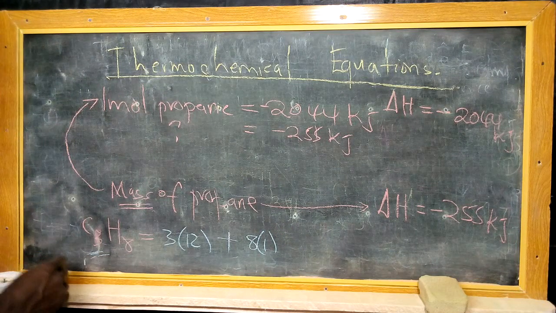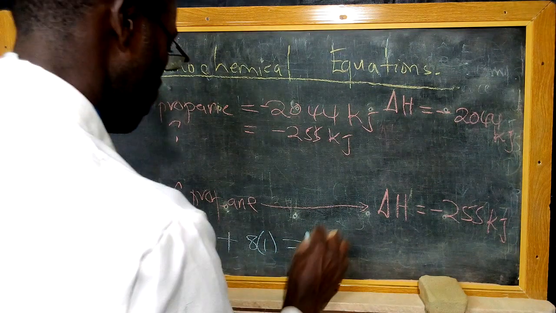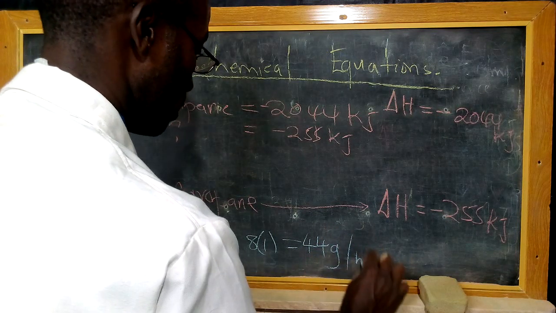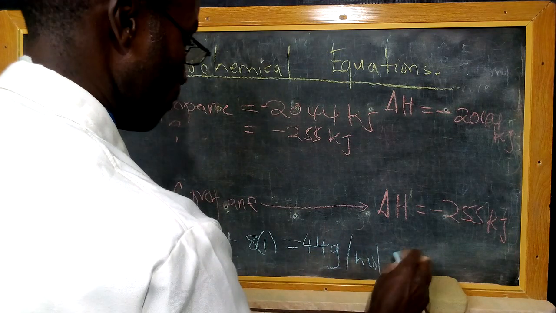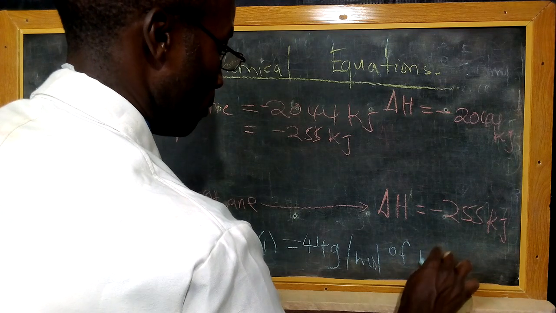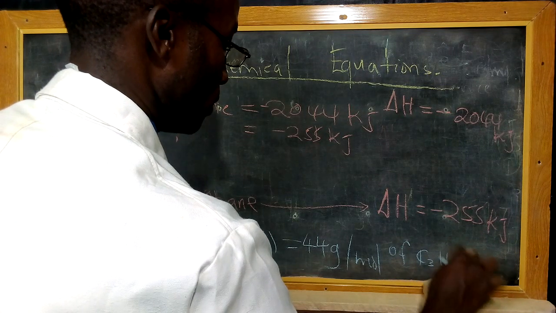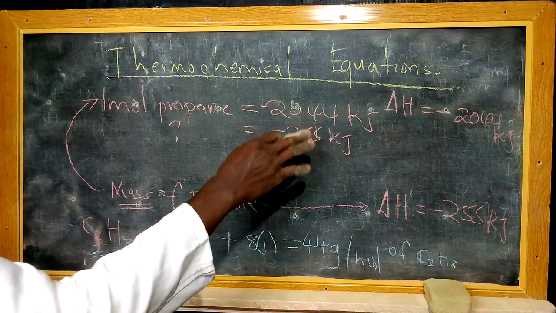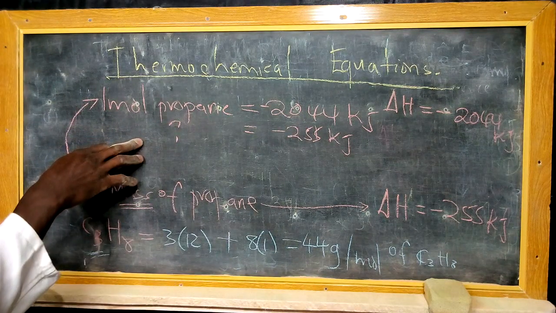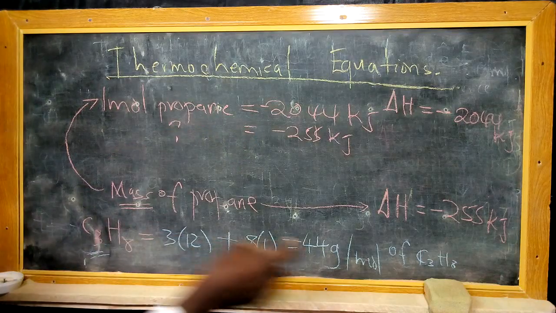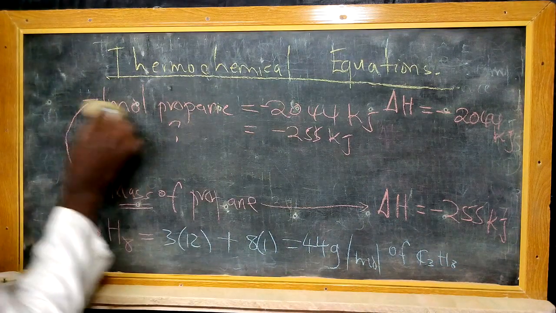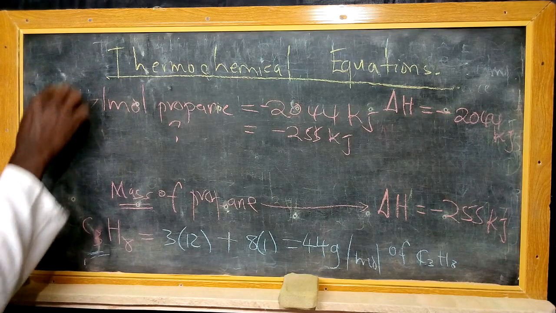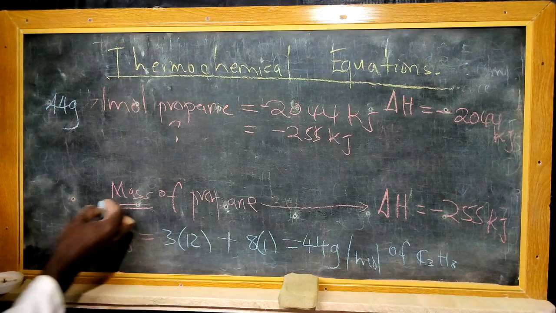So we shall have 44 grams per mole of propane, C3H8. So 44 grams are reacting to form this. What is the amount in grams reacting to produce that amount of heat? We just get it as 44 grams for the mole. We are after finding the mass that is reacting to form this amount of heat.